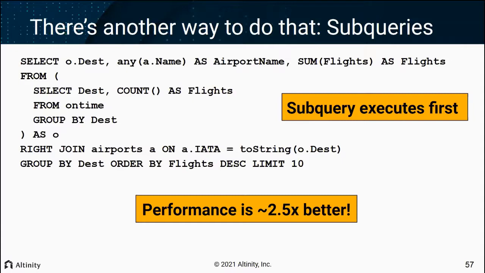We know we're going to need it, but we have to bring all of the airport names along, which are of course duplicated many, many times. So what this query does is reduce that to a very small join on the result sets.